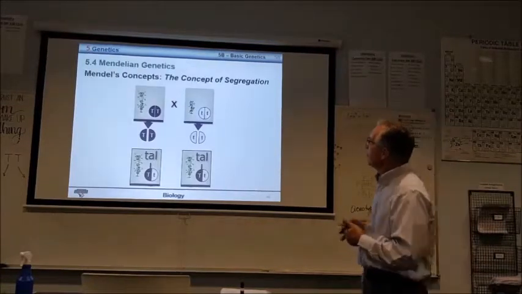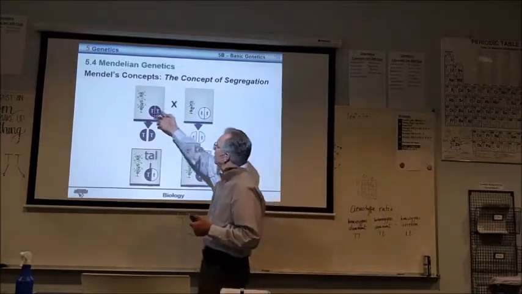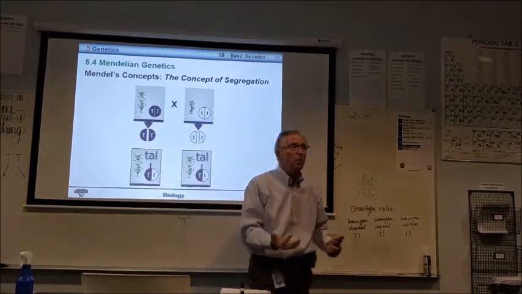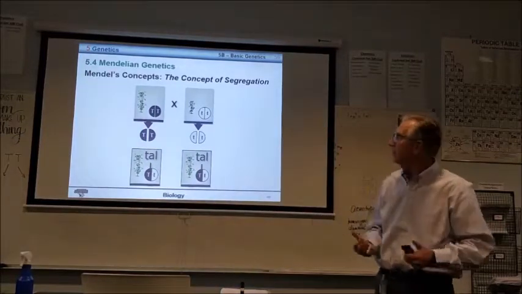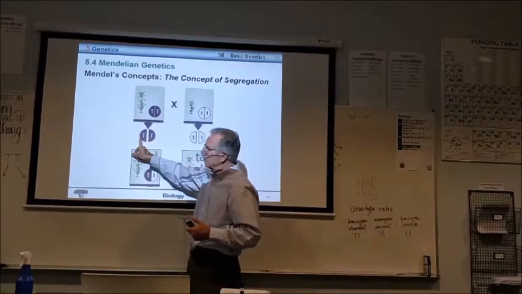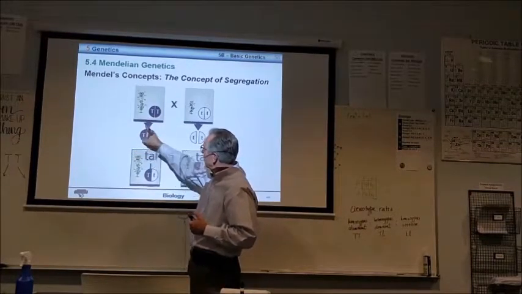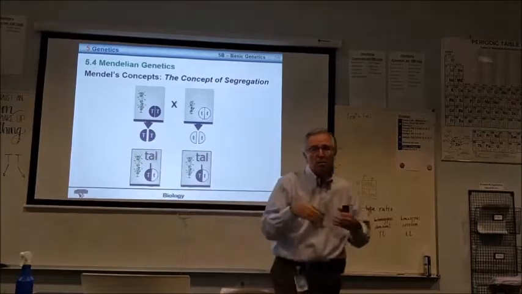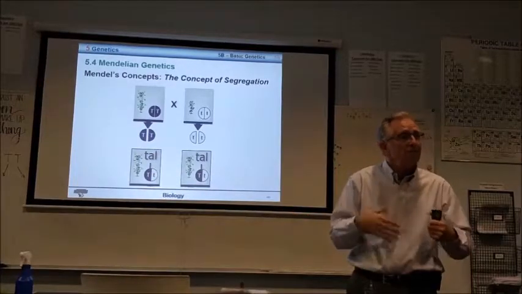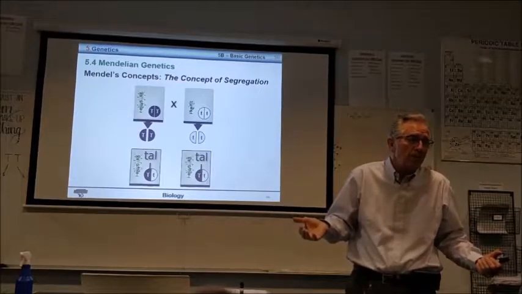So here would be an example. Let's say we're using height, and let's say this tall plant happens to have both genes for tall, both dominant genes. When it comes to forming sex cells, some sex cells will get this one, and some will get this one. So as far as the kind of gene is concerned, they're both going to get the same kind, right?